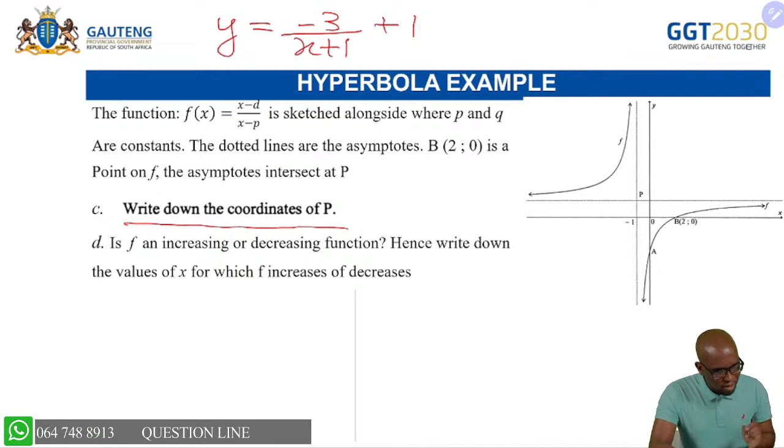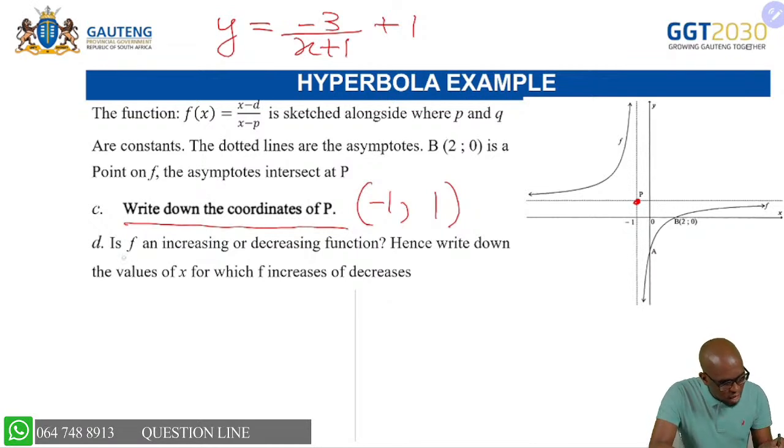Now, if we want the coordinates of P, we know that P here is the point of intersection of our asymptotes. So we have that the value of P is minus 1 and the value of Q is 1. So that would be our point of intersection P, the point of intersection of the asymptotes.